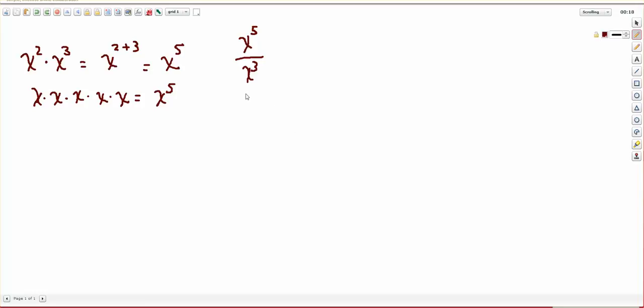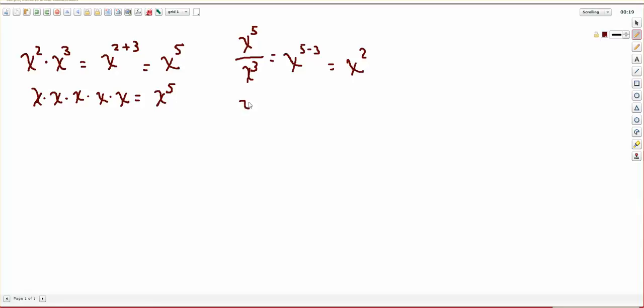What happens here is we have the same base, so we can now subtract the exponents. So this is going to be x to the 5 minus 3, which is x squared.